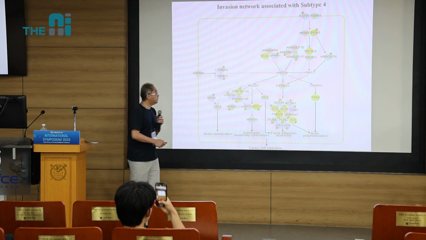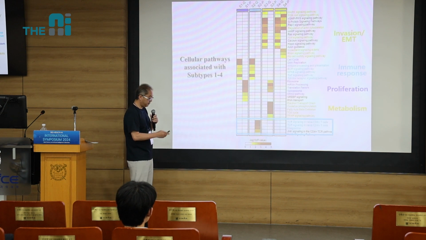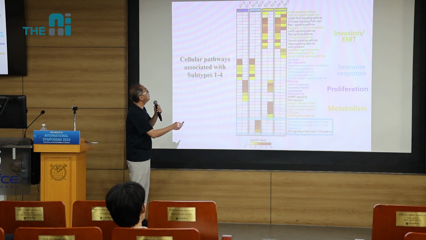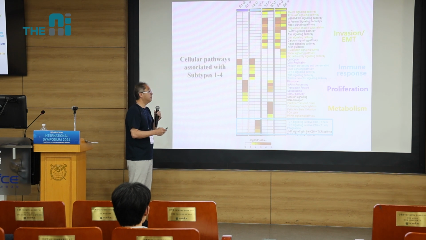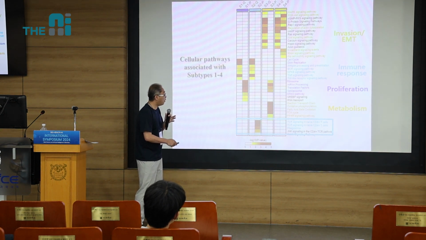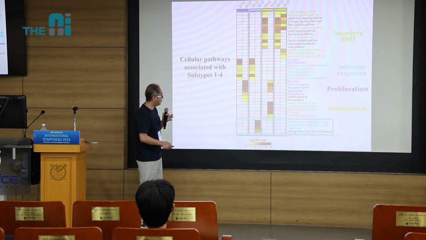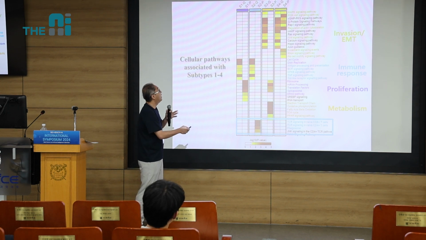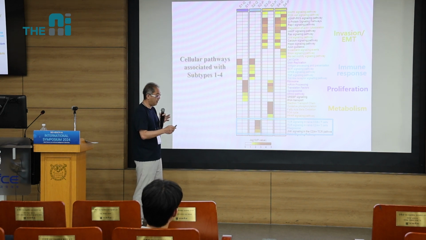So, based upon this understanding, if I can go back a little bit here, subtype 4 has high EMT, invasion potential, aggressive, but they don't have any anti-tumor immunity here, which means immune cold. This tumor subtype 2, immune hot, right? The immune system is suppressed and the invasive potential is so high.